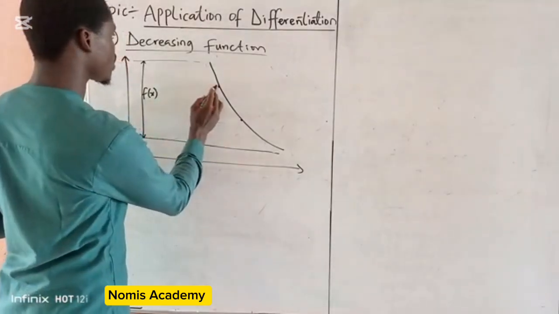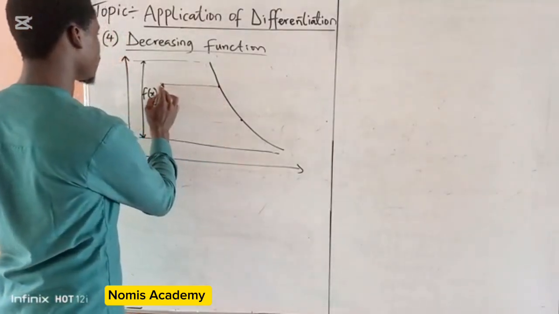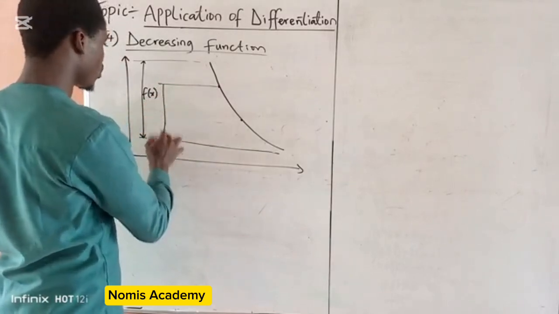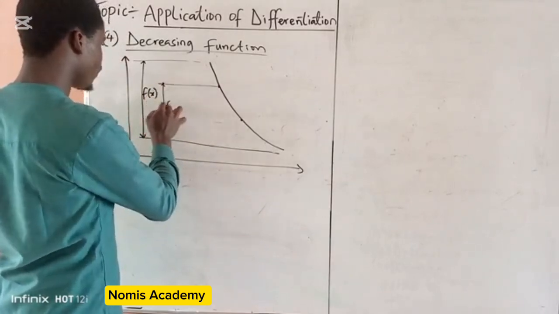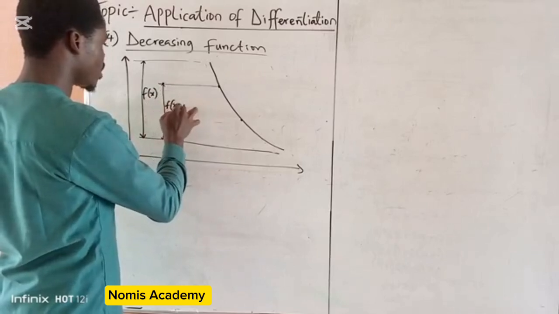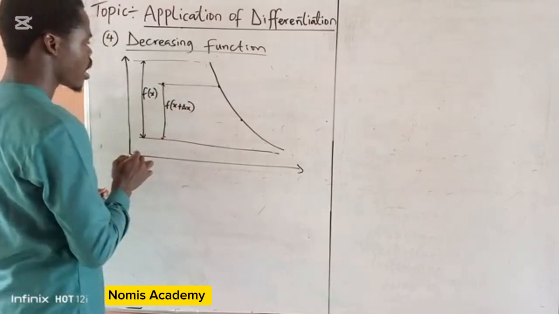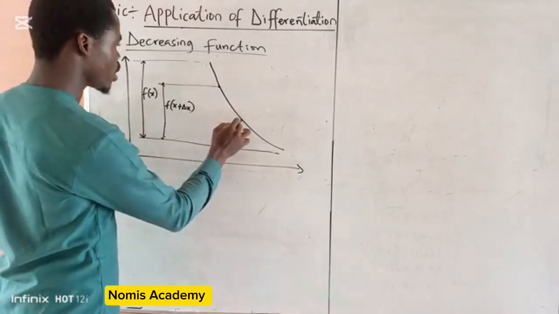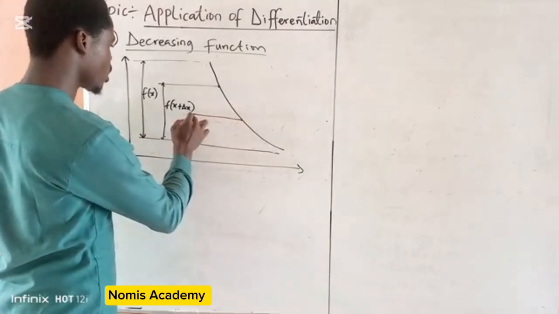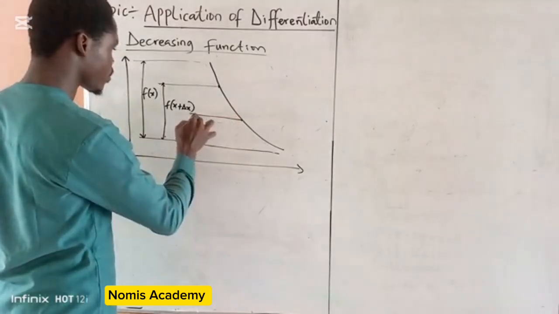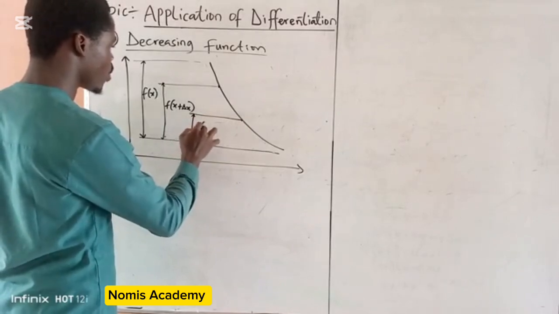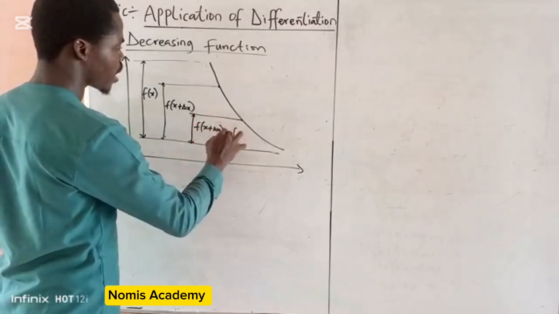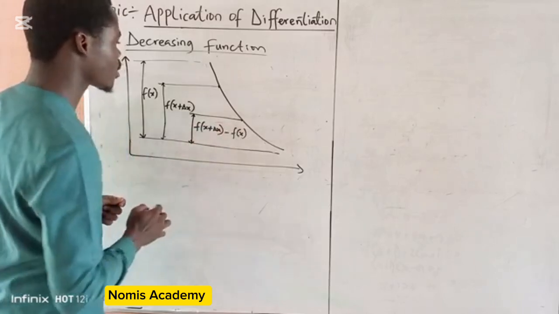This point is called f of x plus delta x, and the difference is f of x plus delta x minus f of x.